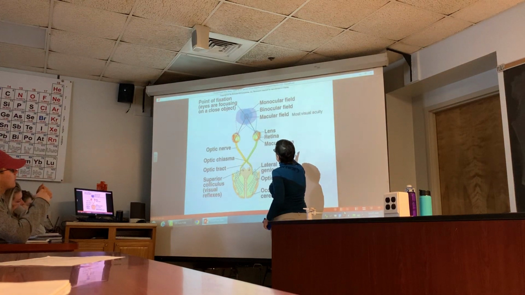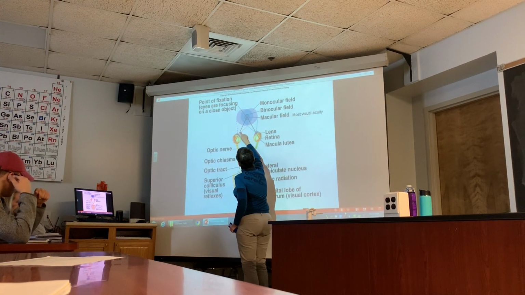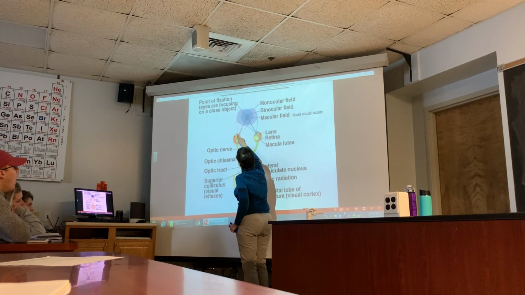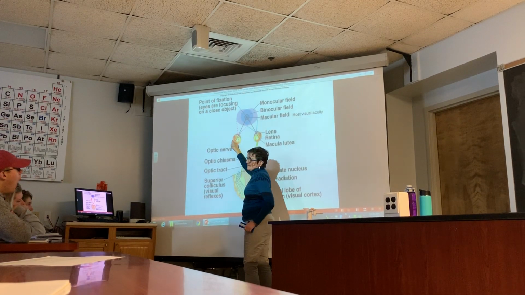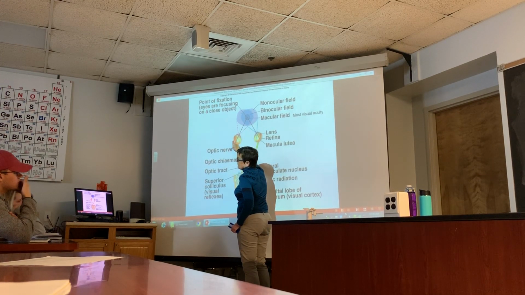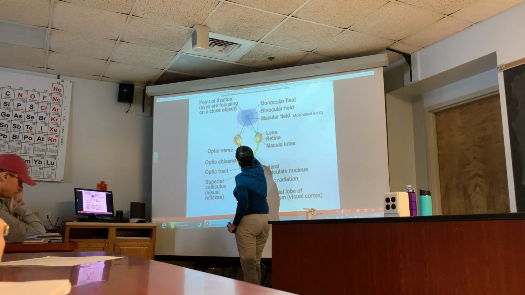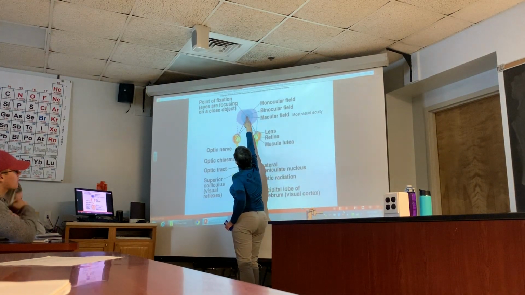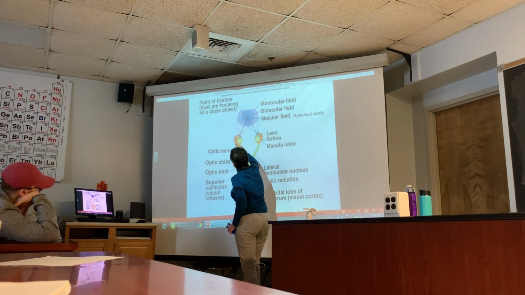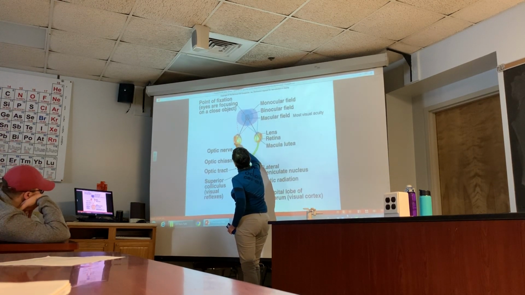Now, what happens in images, remember that the light gets refracted so that images get reversed. So the image coming in here is going to go over here, and it's going to be reversed here, and then the image coming in this way is going to be coming in like that. There's the fovea centralis, that's your macular region, but everything else is peripheral.